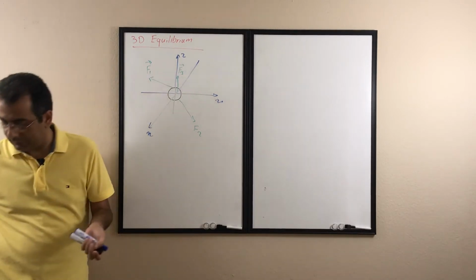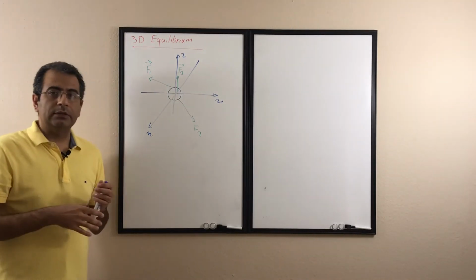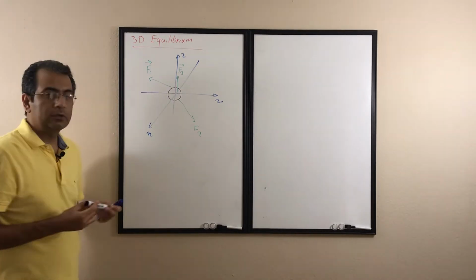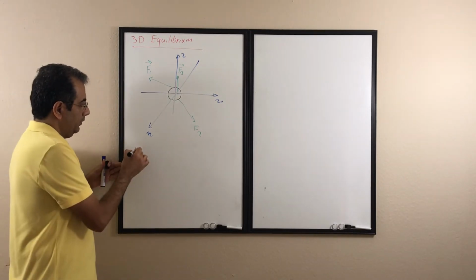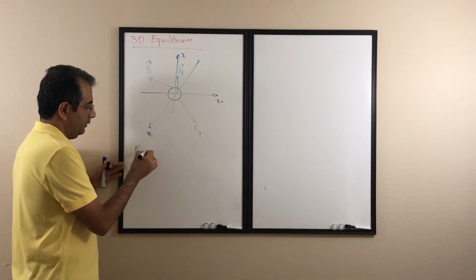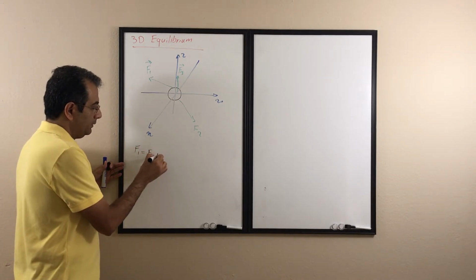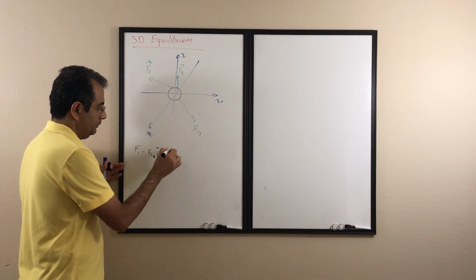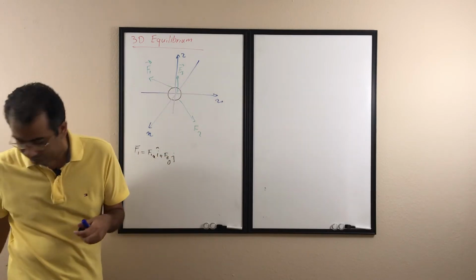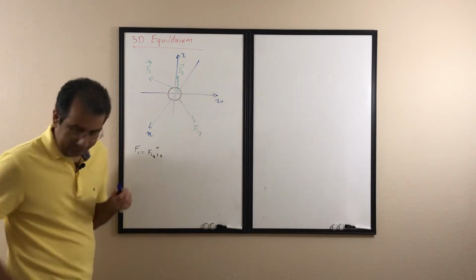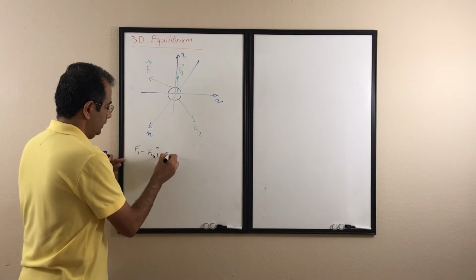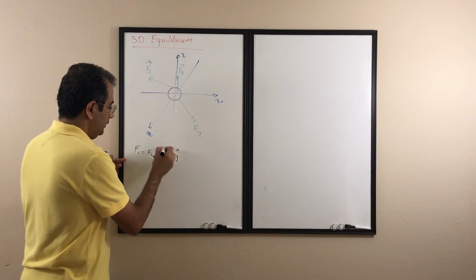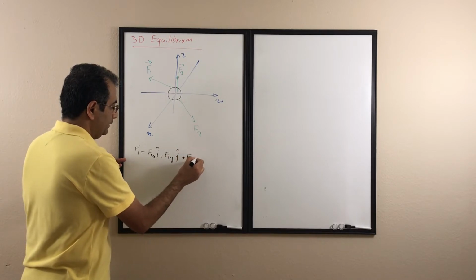So draw the free body diagram, put all the external forces on that diagram, then write all the forces in Cartesian format like that. F1 is F1x i plus F1y j plus F1z k.